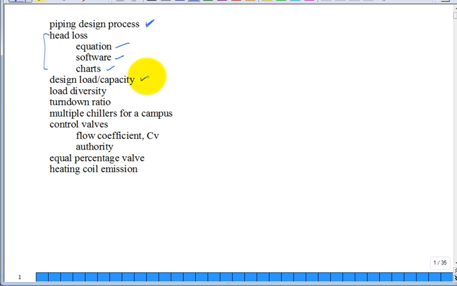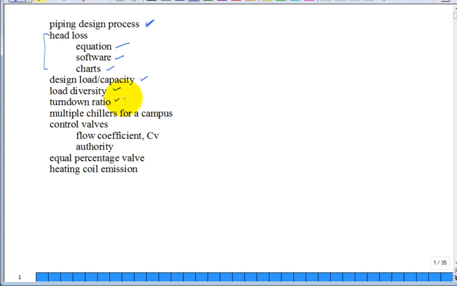We talk about design loads and capacity. Remember, that was the start of the process. But then if you're responsible for providing cooling to this campus, you're going to have excess capacity as a design engineer. You're not going to get caught flat-footed. All right. Talk about load diversity. That's an important concept, as well as turn-down ratio, because some days it's not the extreme day of the year, is it?